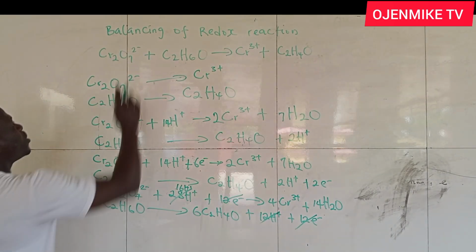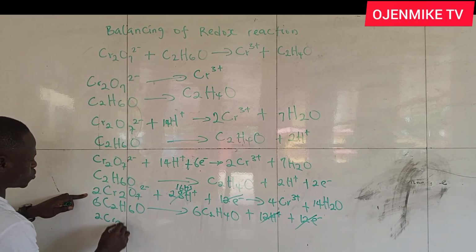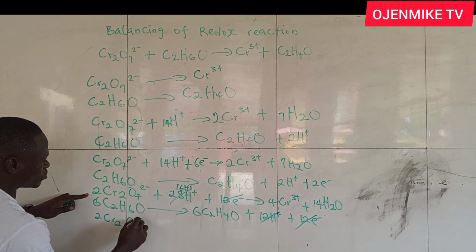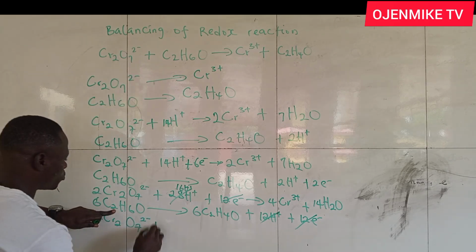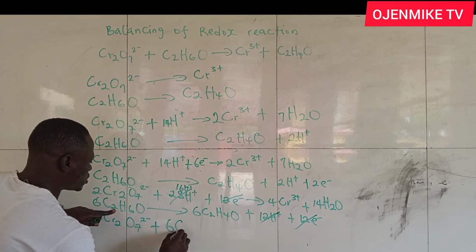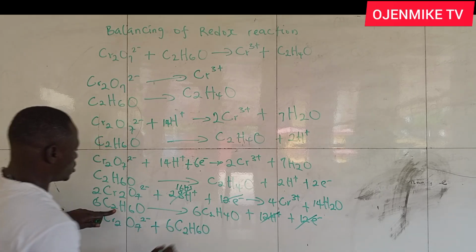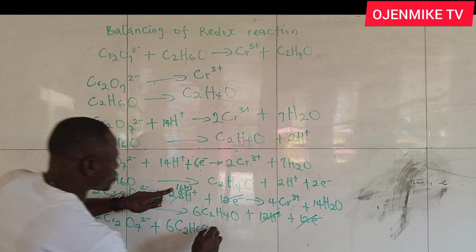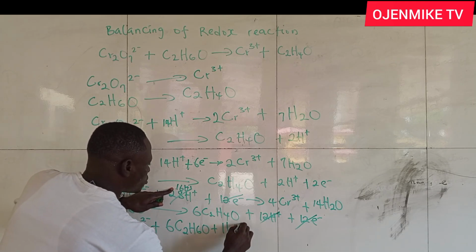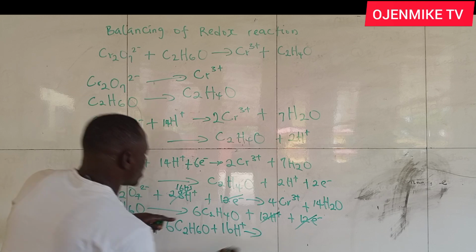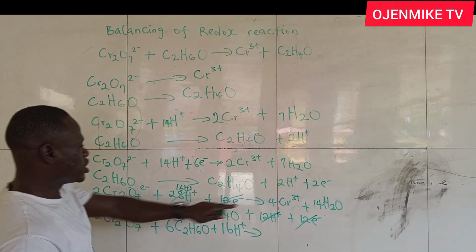So what we now have from here, we have 2Cr2O7 2 minus. The next thing is this one. Take this one plus 6C2H6O. The next one you have plus 16H plus. The first thing here is this one, and here we take this one.